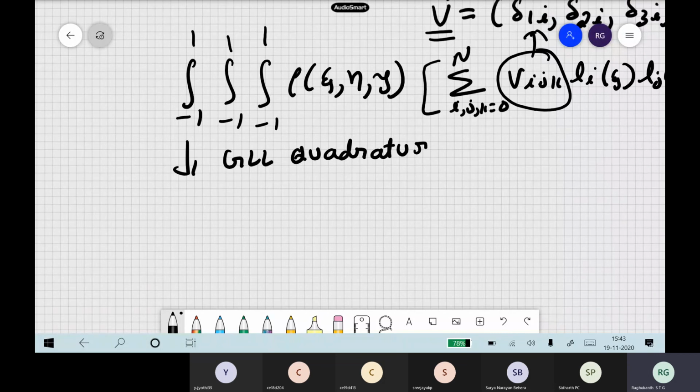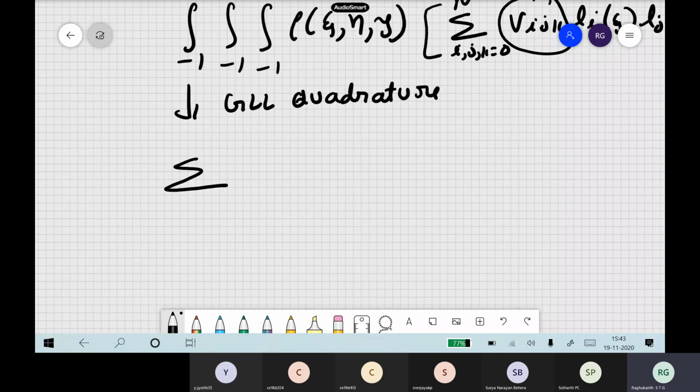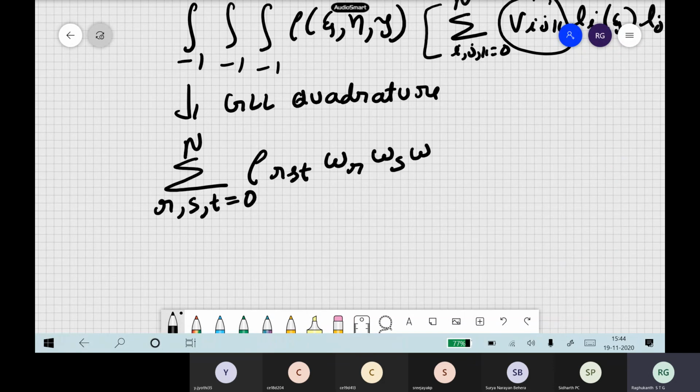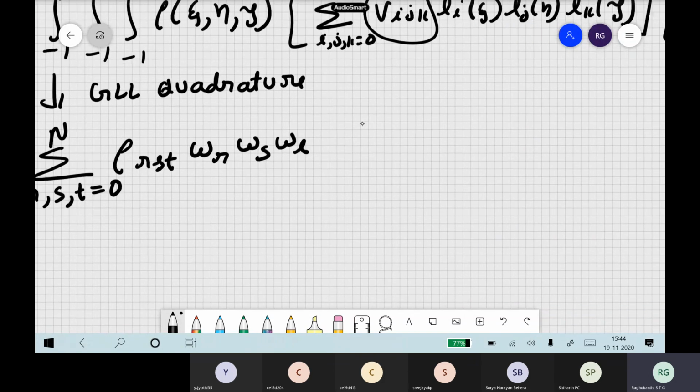Okay. So now our psi and all those things become like this. The integral goes and it has to be replaced with a summation. So rho rst, then we have the weights wr, ws, wt, multiplied by the sum over ijk equal to 0 to n.